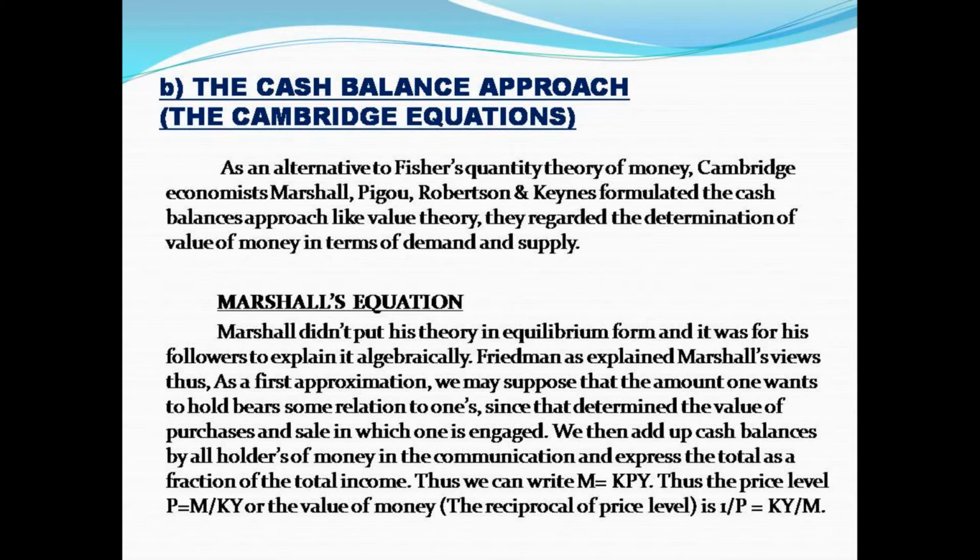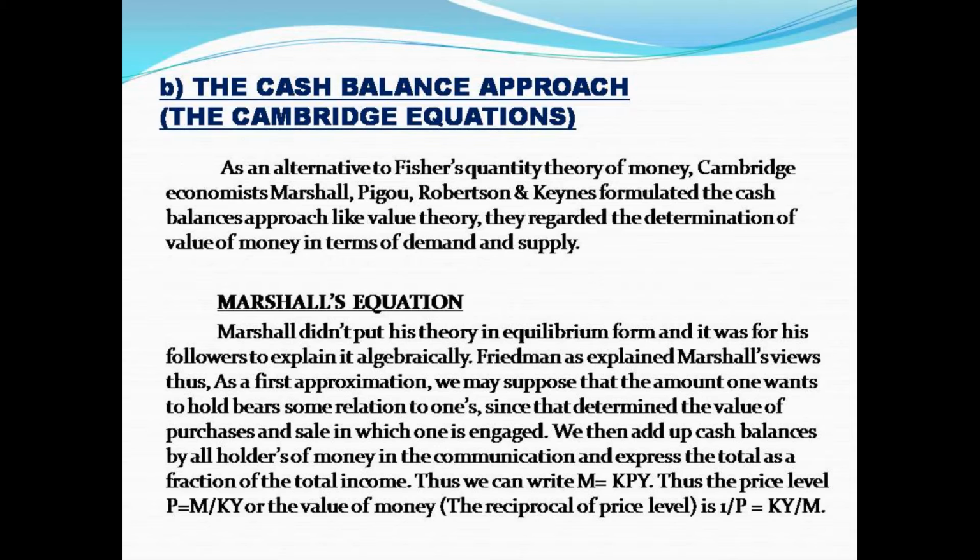Friedman has explained Marshall's views thus: as a first approximation, we may suppose that the amount of cash one wants to hold bears some relation to one's income, since that determines the value of purchases and sales in which one is engaged.